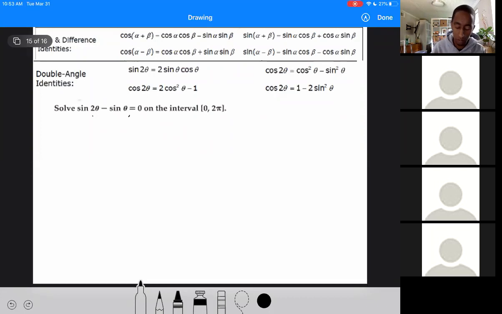So what do we see here that we could possibly use an identity for? Give me some ideas. What could we use an identity for? What part of this?